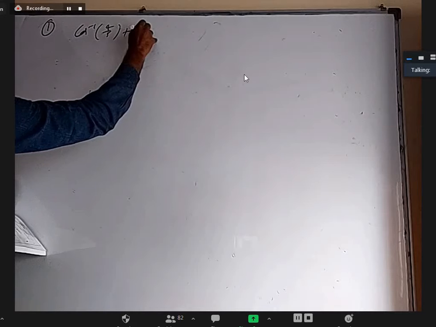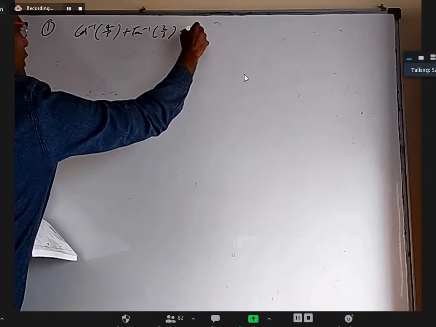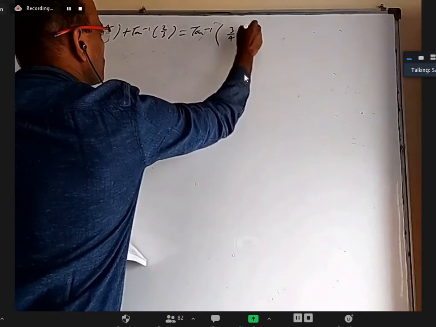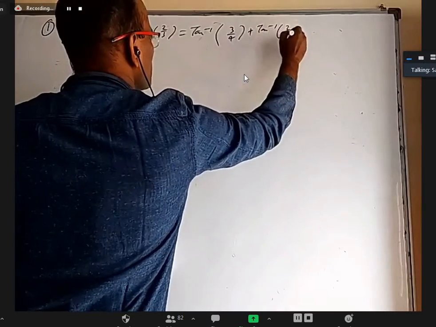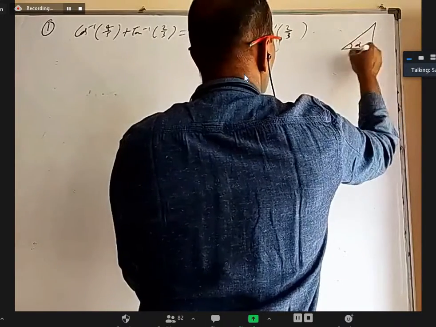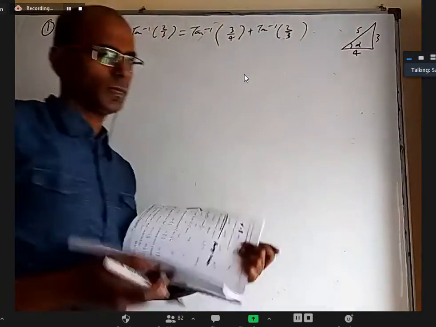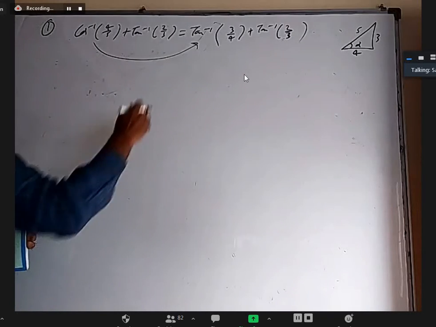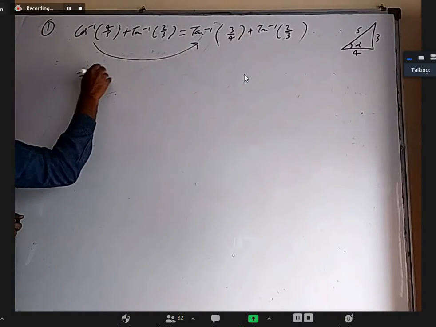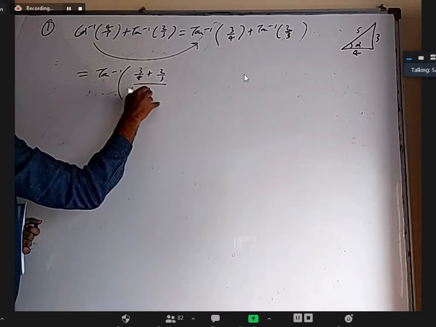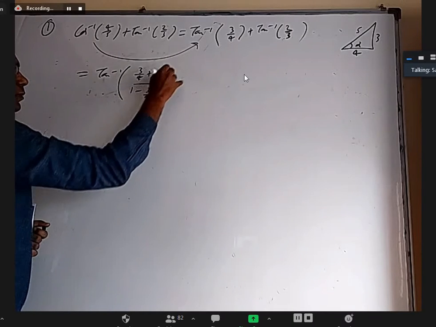Cos inverse 4 by 5 plus tan inverse 2 by 3. I can write this as tan inverse 3 by 4 plus tan inverse 2 by 3. Based on this triangle, with 4 here, 5 here, 3 here, I can convert cos inverse to tan inverse based on that ratio. Now tan inverse x plus tan inverse y is tan inverse of (x plus y) by (1 minus xy). So (3 by 4 plus 2 by 3) by (1 minus 3 by 4 into 2 by 3).